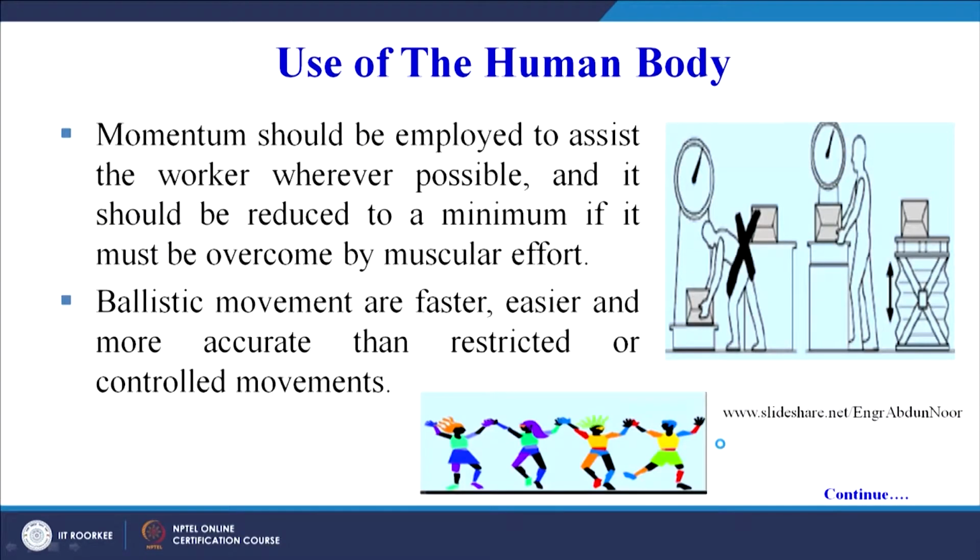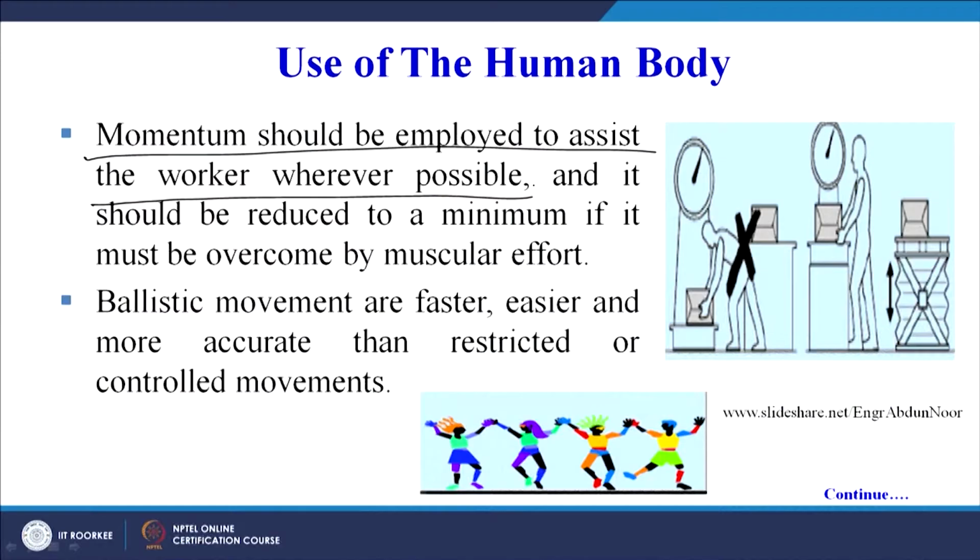Then momentum should be employed to assist the worker wherever possible. One example can be when you are running a sprint or a quick race of 100, 200 or 400 meters, usually you will see that there is a starter equipment used by the runners. It gives an impulse, or gives the momentum to the runner to have a quick start.